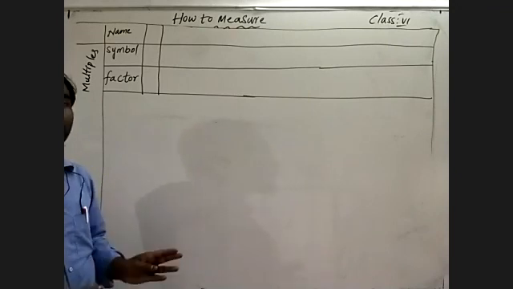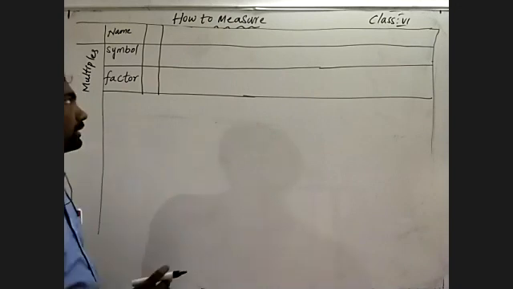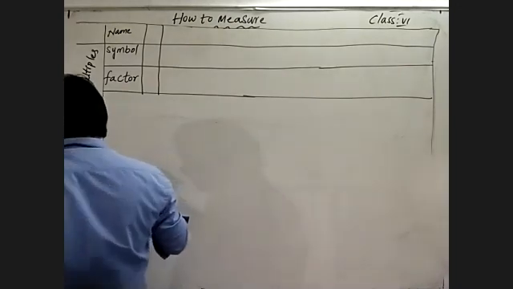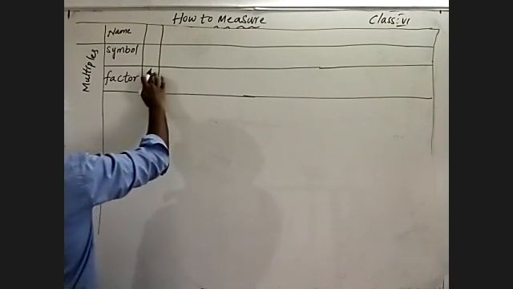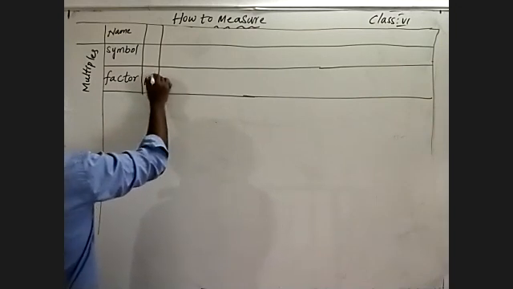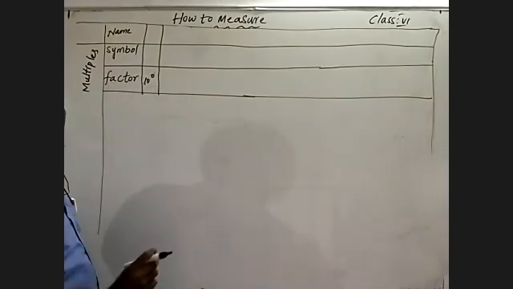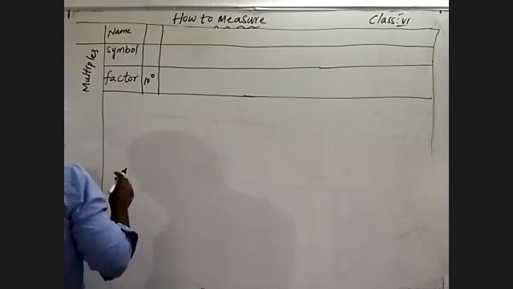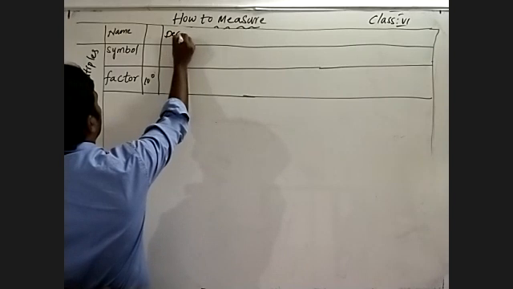Only then can we compare one physical quantity to another. Let's discuss the factor. I am saying first is 10 power 0. Anything power 0 is 1. First name is deca.